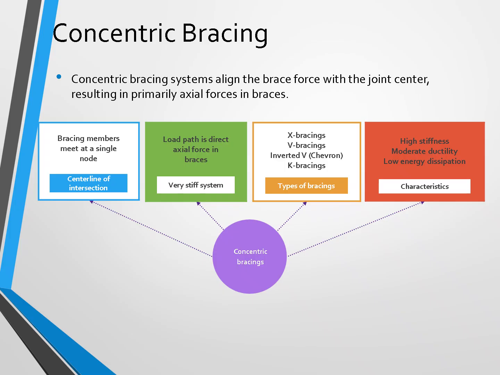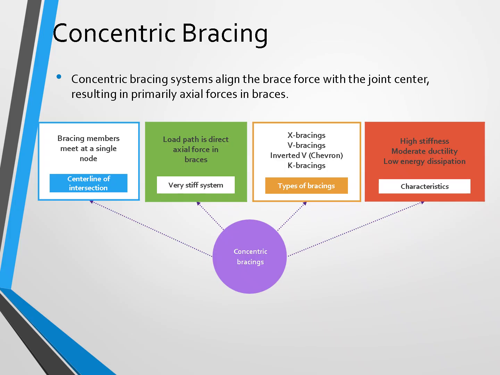And what are the types of concentric bracing? X bracings, V bracings, inverted V or chevron, or K bracing. And what are the characteristics of a concentric bracing? They provide us with high stiffness. It means when we want to have very small displacement, we accept moderate ductility and also low energy dissipation.